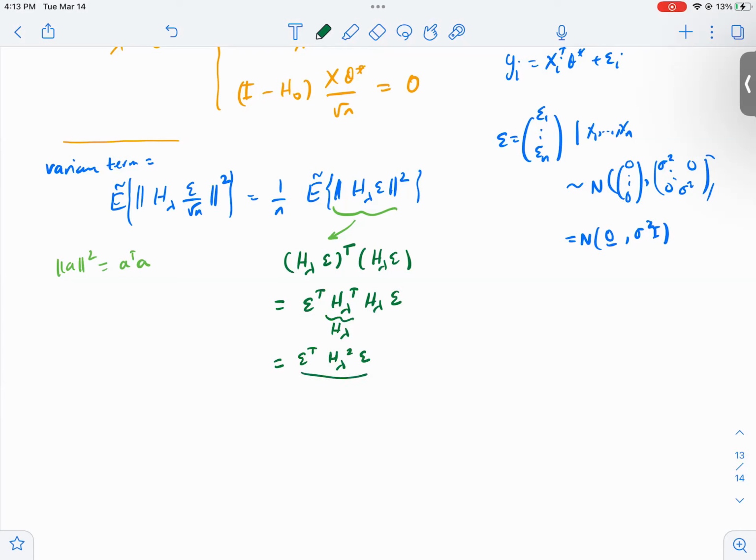This is a scalar quantity: this is n by 1, this is n by n, this is n by 1, so the whole thing is 1 by 1. It's really a scalar, as you'd expect, because it's a norm. So this is equal to its trace, since it's a 1 by 1 matrix, and the sum of the diagonal is just the one entry. So this is the trick. Write it like that. Then what can I do?